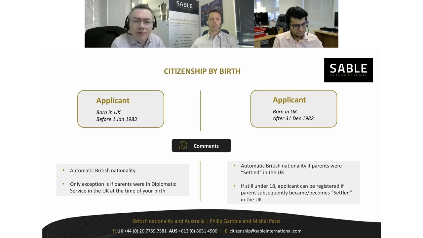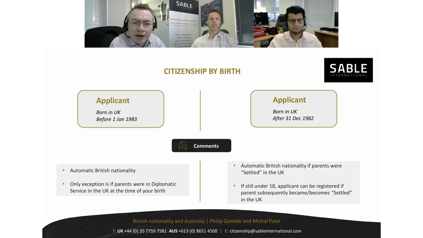At this point, you don't just get citizenship by being born in the UK. You've got to have a parent who's also a British national or holding what we call settled status, which in general terms is what most people would call permanent residence.